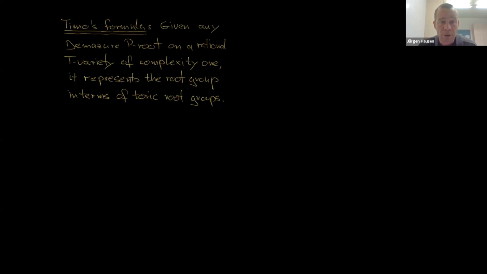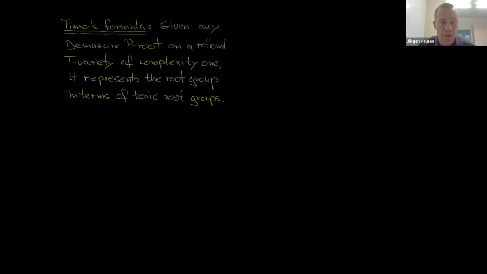What Timo does: give him any Demazure P root, then he gives you a formula for how it is presented via the corresponding root groups in terms of toric root groups.